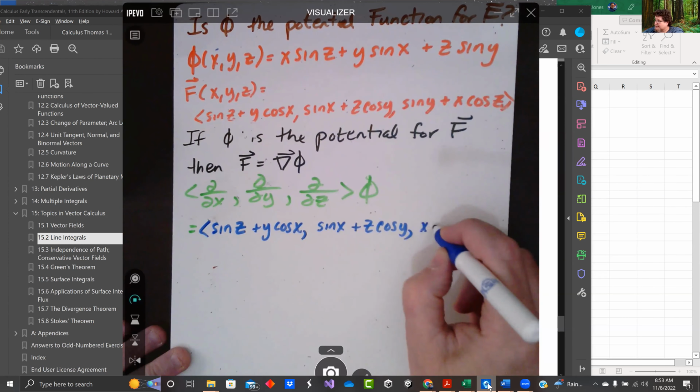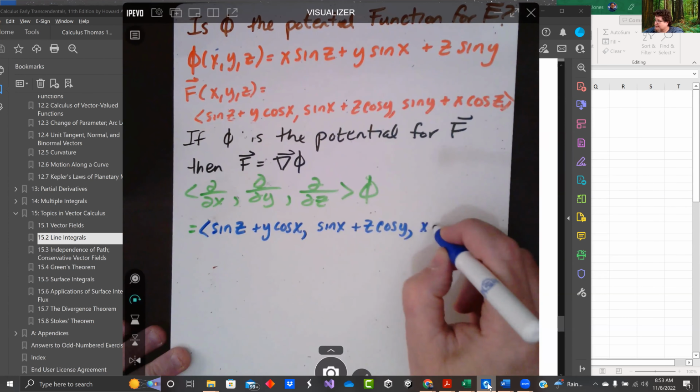I'm going to write it below because I wrote really big in the beginning. And does that equal F? If we match it up term by term, sine z plus y cosine x, that's a match.